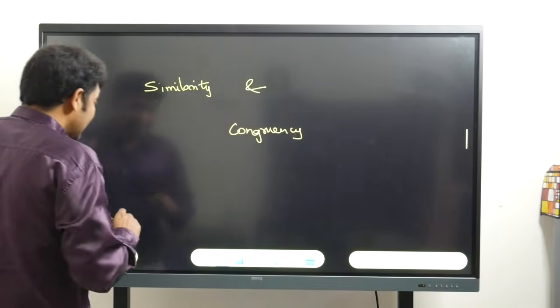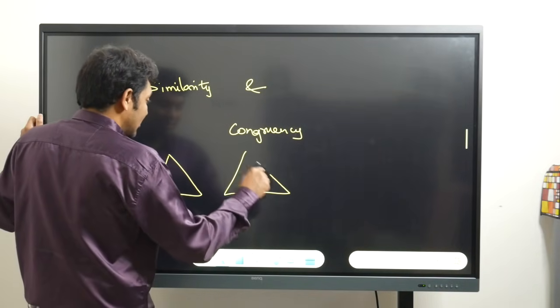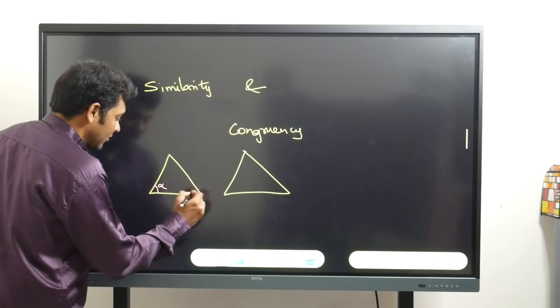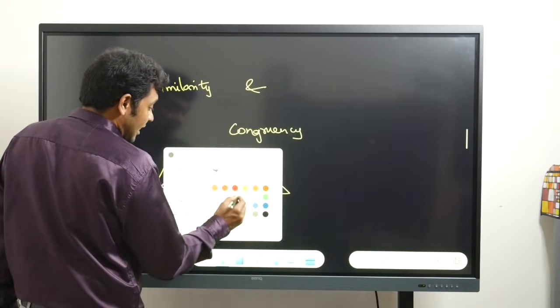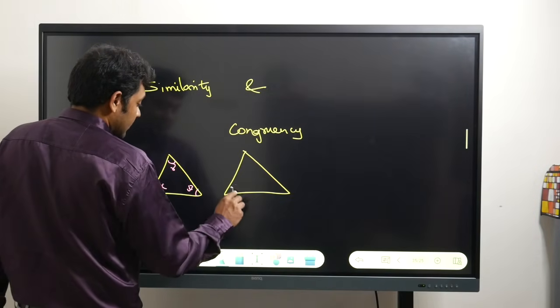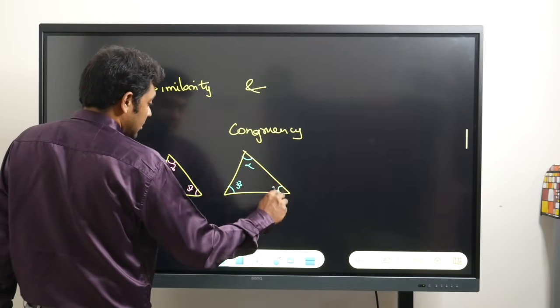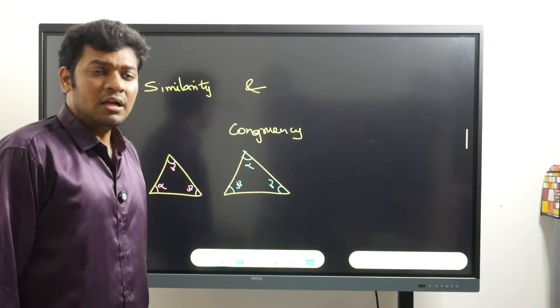Okay, so in triangles, two triangles are similar when their angles are equal. This angle is alpha, this angle is beta, this angle is gamma. In this triangle, I have the three angles. So if three angles of two triangles are equal, they are similar.